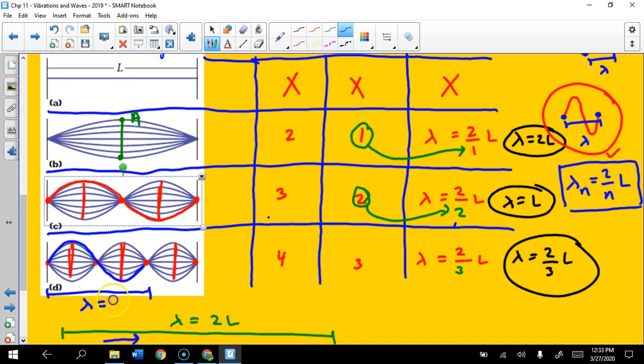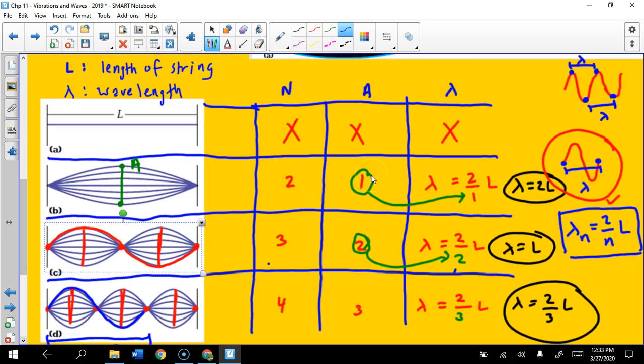It's exactly 2 out of 3 parts of the length of that string. You see? The length of the string was L, but we only need 2/3 of L to complete one wave. So that's the difference between what a wavelength is versus what the length of the string is. A wavelength means how much of that string I really need to create a sine pattern like this over here.